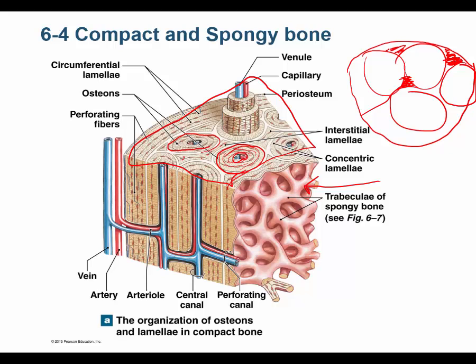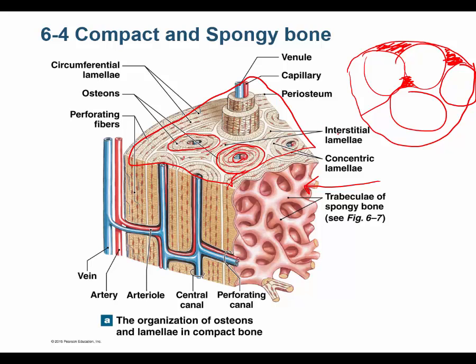What fills that in is not called interstitial lamella, but circumferential lamella. So we have circumferential lamella and interstitial lamella by virtue of the osteons being circular, and circles don't fit well together. So we have this lamella, which is the hard bone.